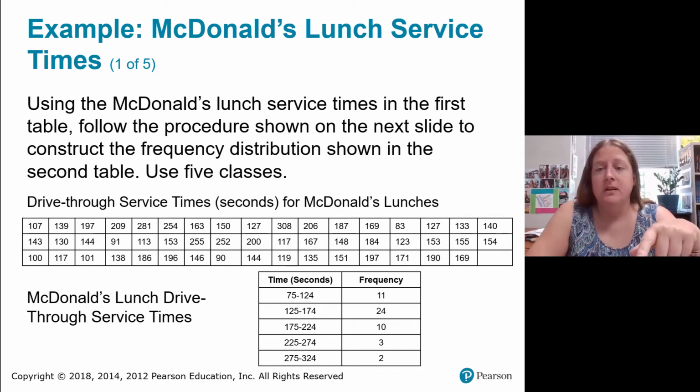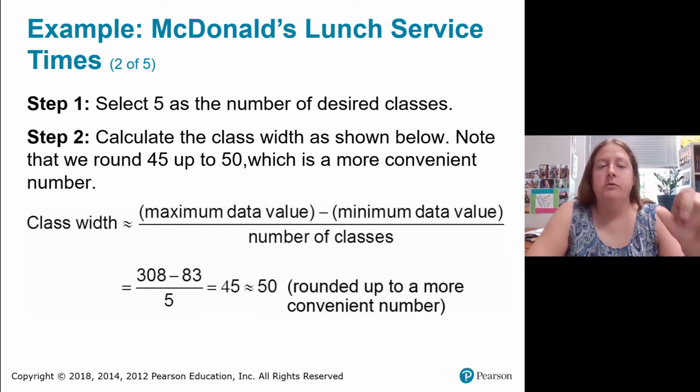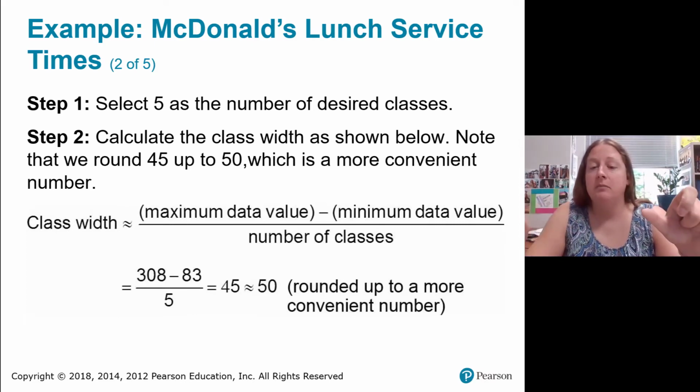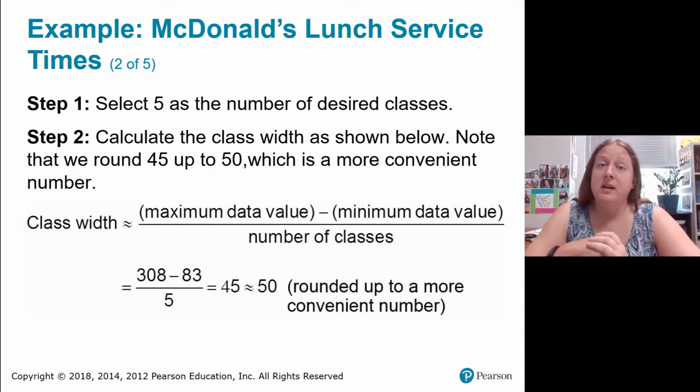So we take our maximum data value, 308, minus our minimum data value, 83, and then divide by the number of classes. When we do this, we get 45, which is a fairly nice round number.